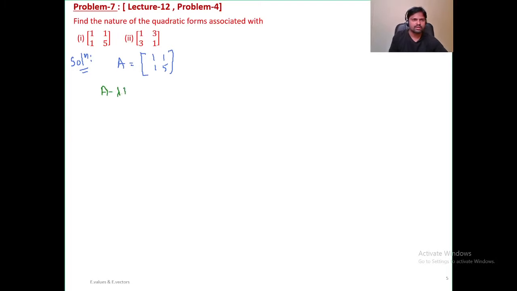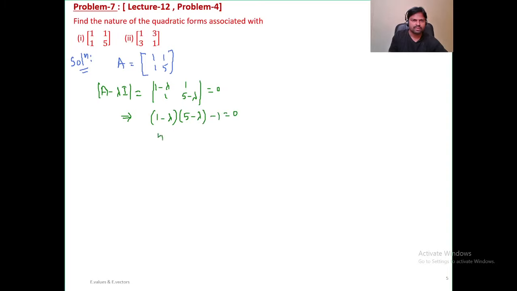A minus lambda I, that means the characteristic equation you need to calculate. So 1 minus lambda, 1, 1, 5 minus lambda, and this will be equal to 0. And this implies, what is the characteristic equation now? So (1 minus lambda) into (5 minus lambda) minus 1 equal to 0.